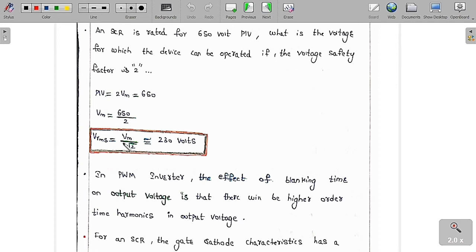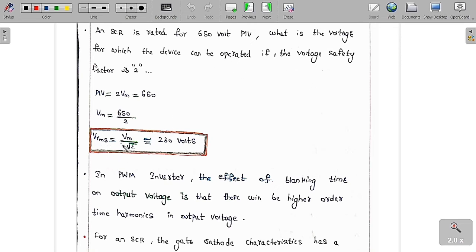I already told you Vrms is equal to Vm by root 2. In place of Vm, substitute here, and we are going to get 230 volts. This is called the RMS voltage. So an SCR is rated for 650 volt PIV. What is the voltage for which the device can be operated?